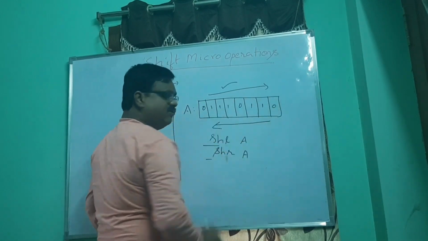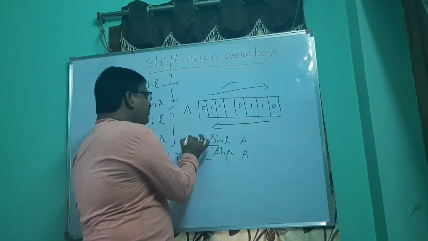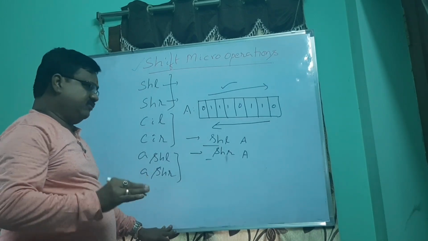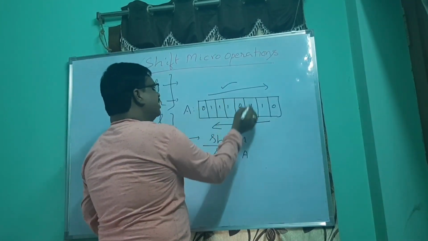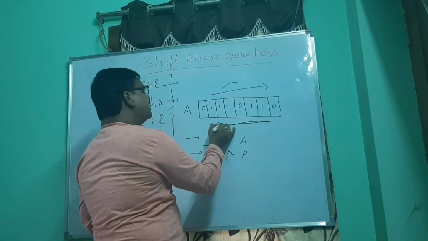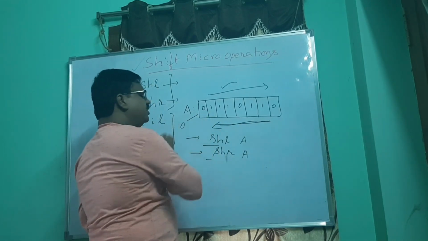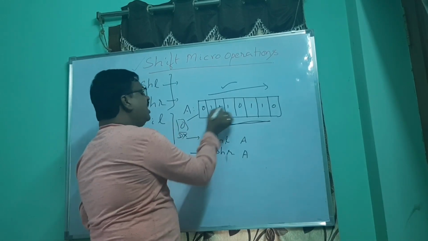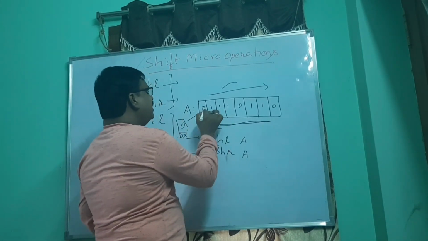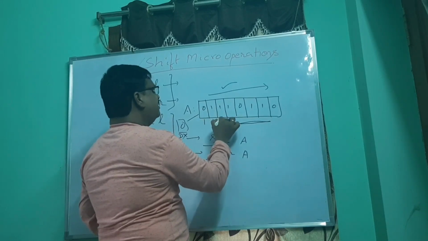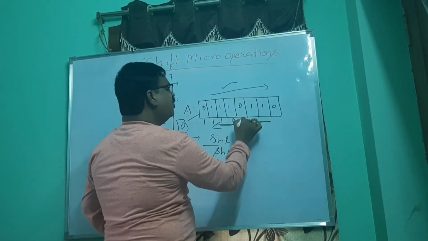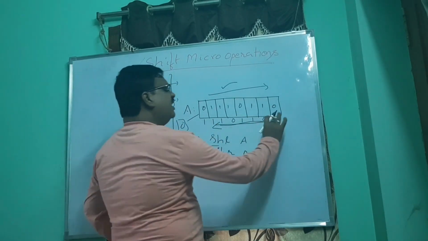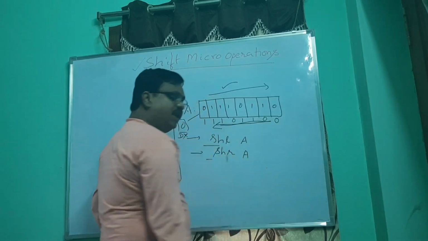For one shift, the data will be transferred. What happens for every shift left or shift right? One bit will be discarded. For example, if you are transferring the data in this direction, this 0 comes to here and will be discarded, and after performing one shift we get 1, 0, 1, 1, and in the least significant bit position a new 0.